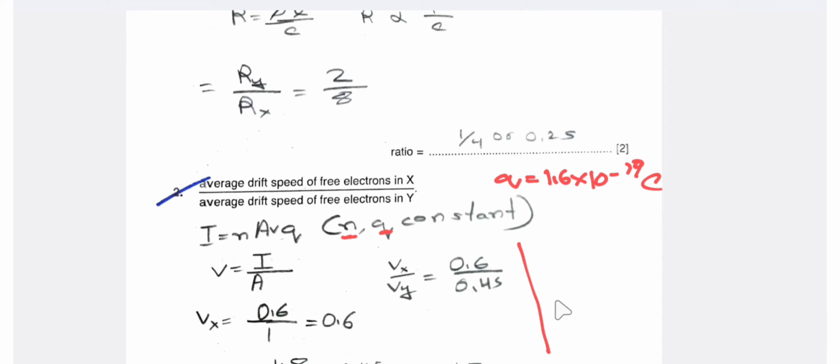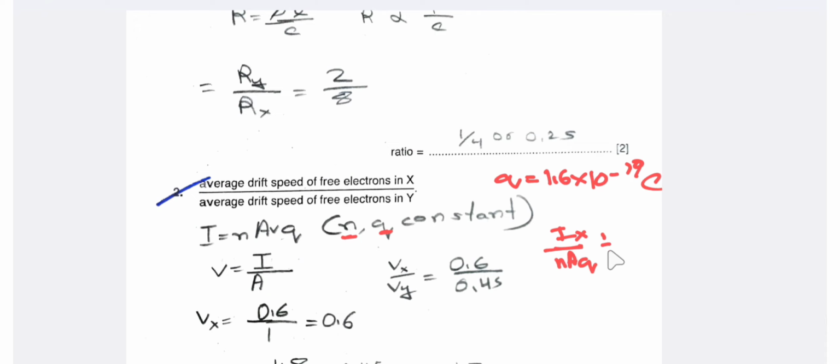So if we do our working at this place, then v is equal to I by nAq. That is vx, and for vy, so the average drift speed of X by average drift speed of Y is Ix by nAxq, divided by Iy by nAyq.